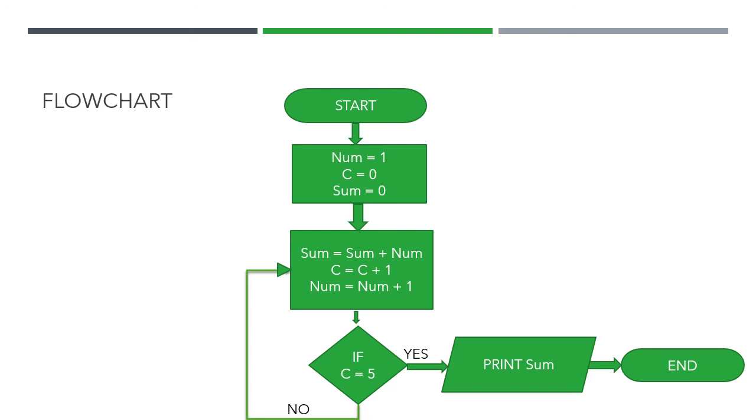What we have done after assignment: we first executed the statements, then we compared C, and if it is equal to 5, we went to print sum. If it is not equal to 5, no, we went back to that step. Okay, clear? So this is how looping is done in algorithms and flowcharts.